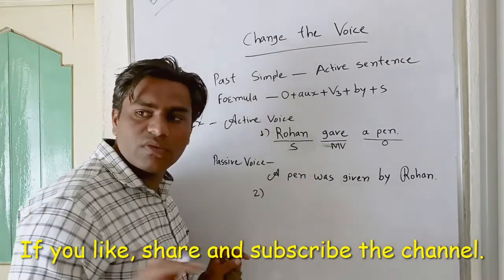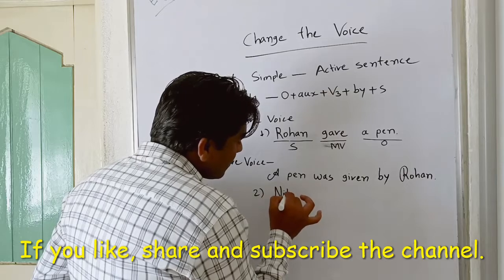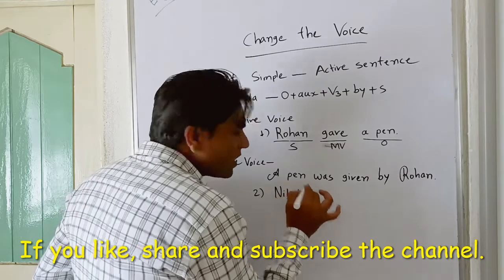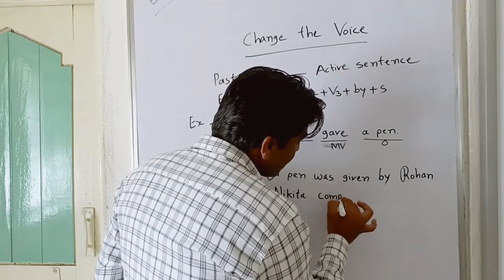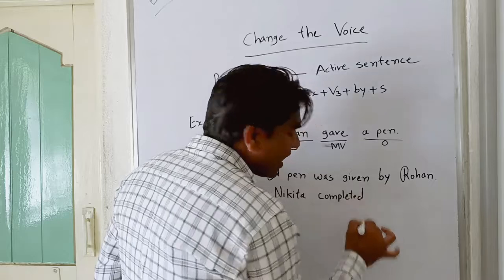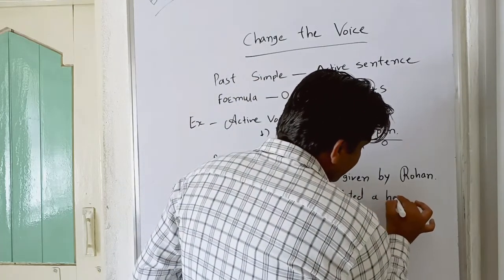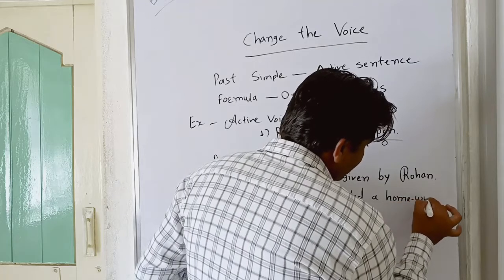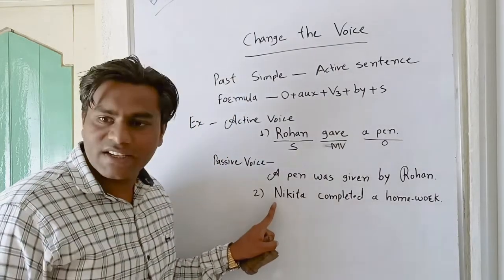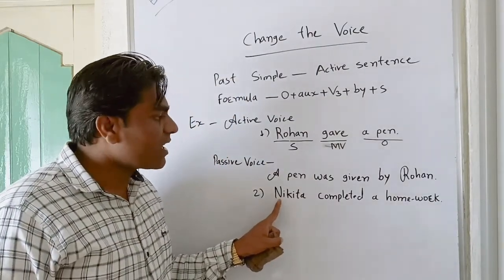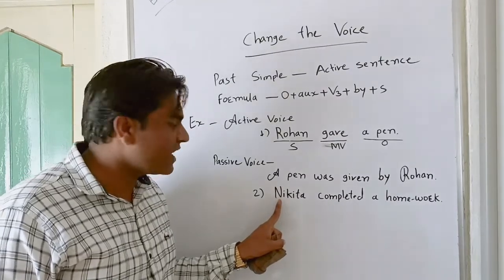Now another example is here. Please write down the next example. Nikita completed a homework. This is the active sentence.